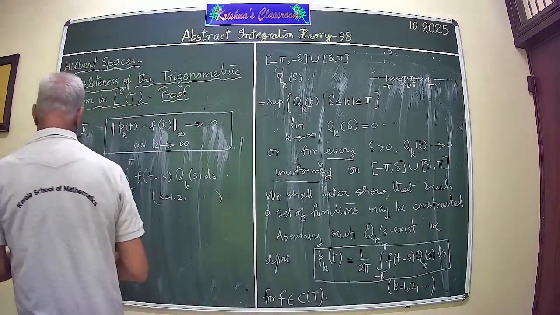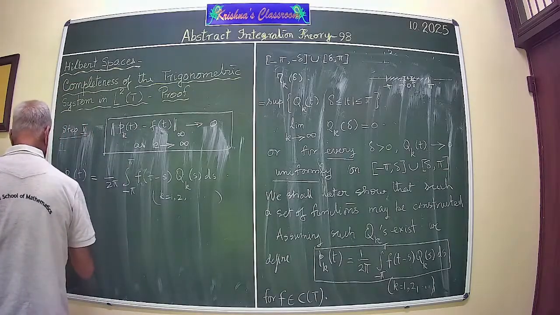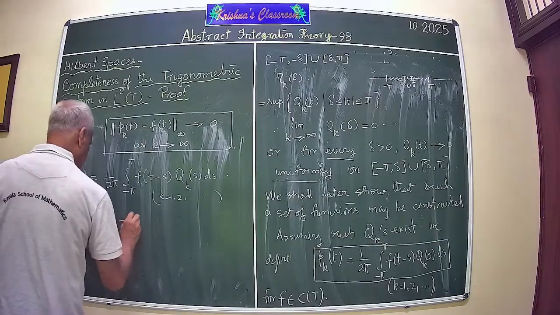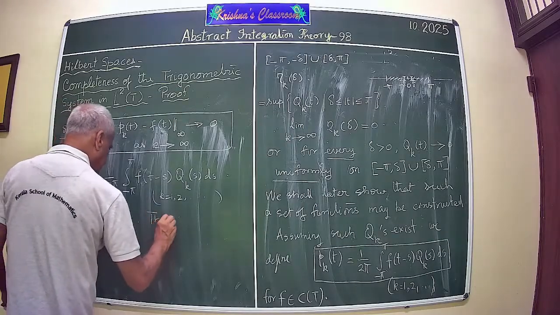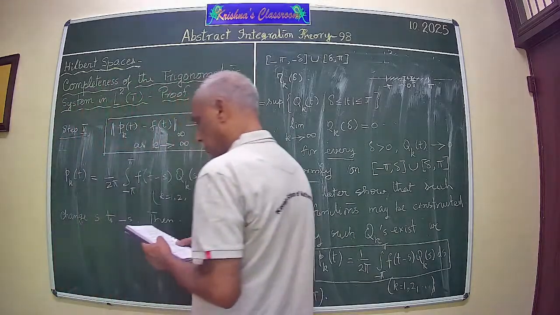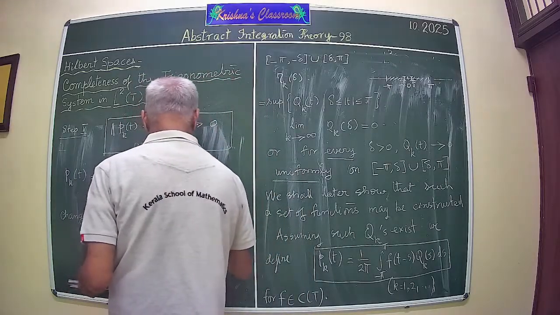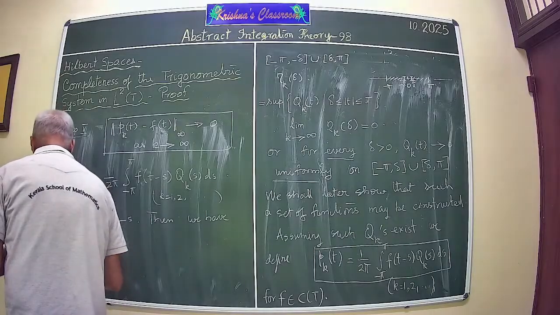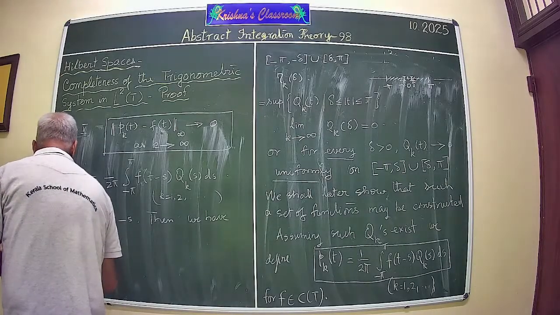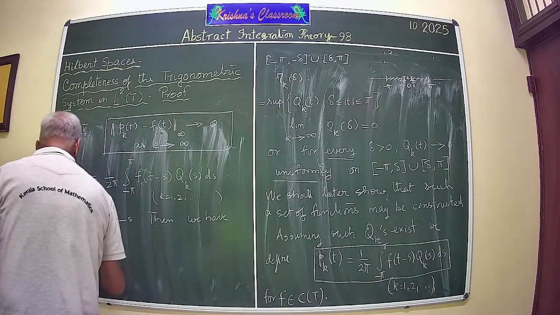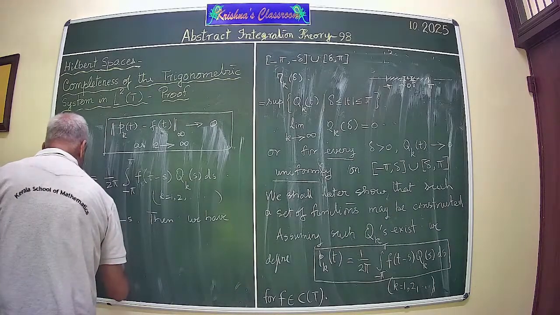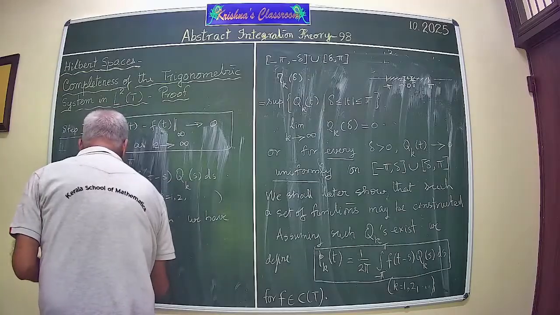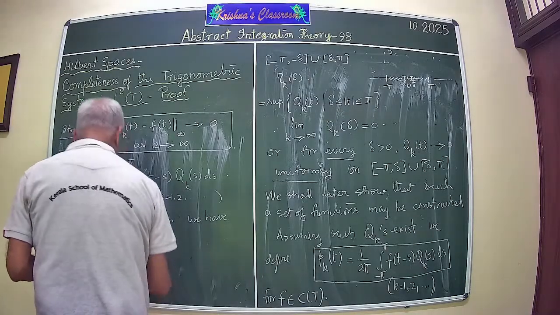Now you change the variable, then we have Pk(t) equal to f of t plus s.